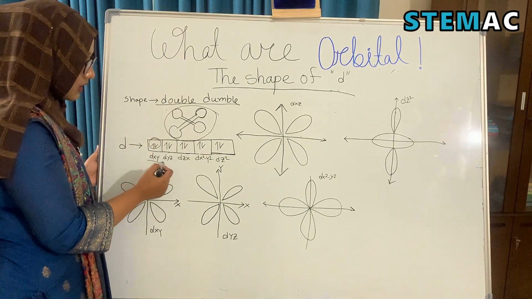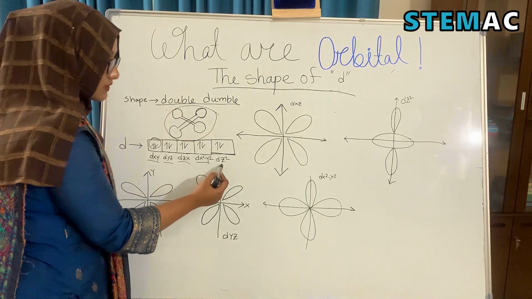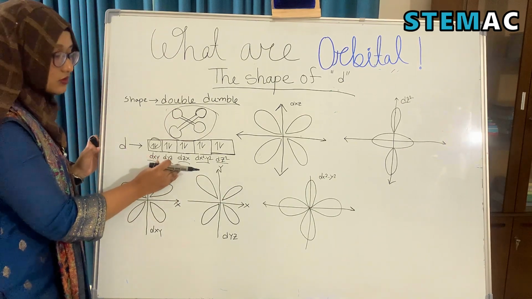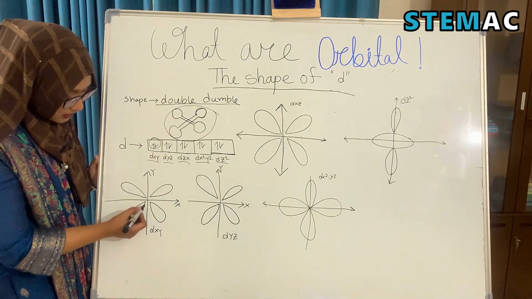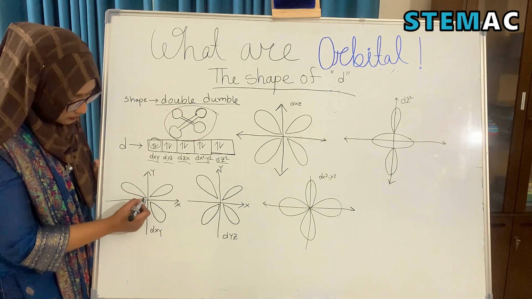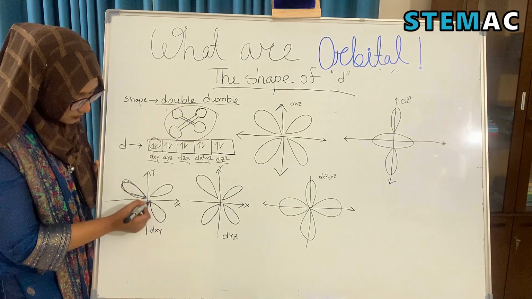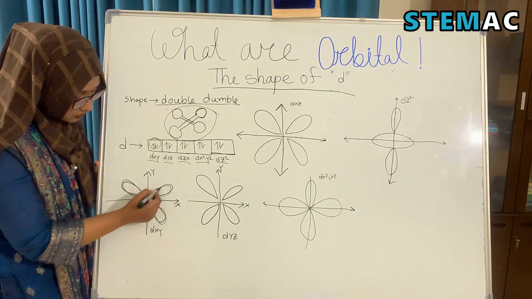We have dxy, dyz, dzx, dx square minus y square, and dz square. Because all of those have different shapes, for dxy we're gonna have this shape here in between the axes, with a dumbbell in each corner.